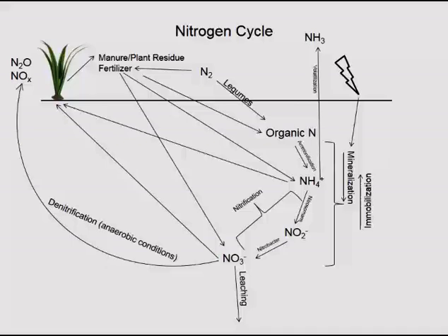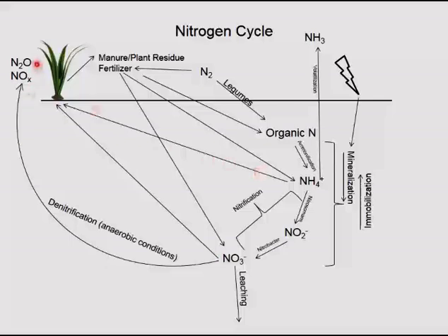Okay? So there's a few different fates. Ammonium can either be converted to nitrate through the process of nitrification. Ammonium can volatilize and be lost to the atmosphere. Ammonium can be taken up by a plant.